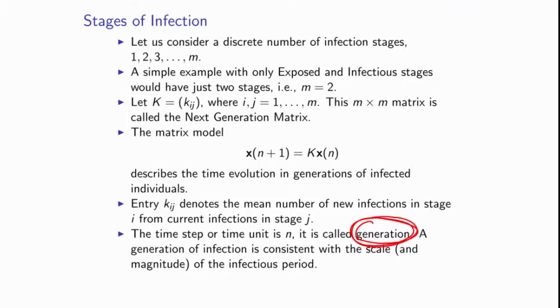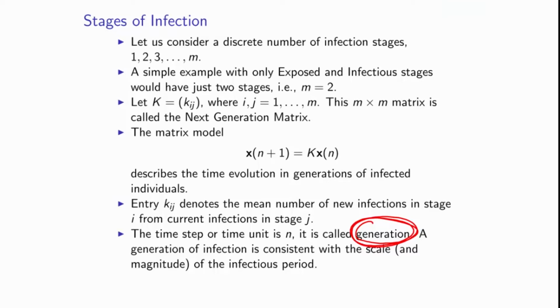You would like to think of this process in terms of offspring: the population of infected individuals, grouped into stages of infection, and how those stages are progressing with time.